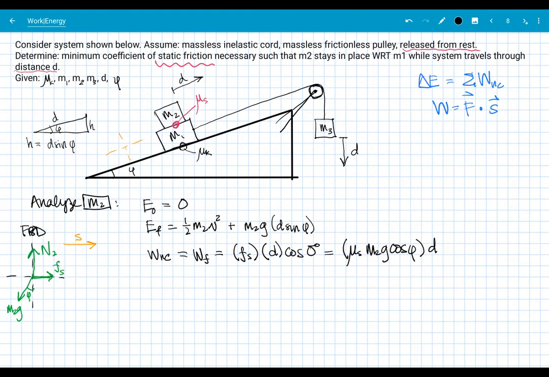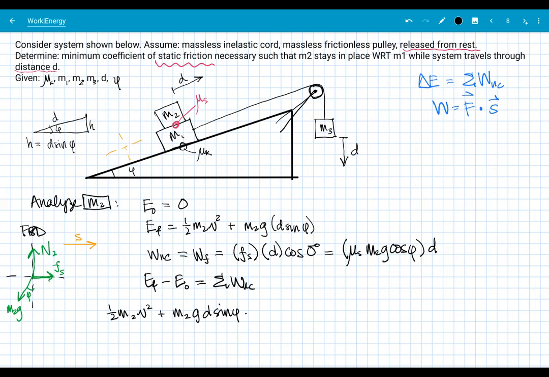Wouldn't that be sweet? So where I'm going here is final energy minus initial energy equals the sum of the non-conservative works, right? So in this problem, that gives me one half m2 v squared plus m2 g d sine phi.